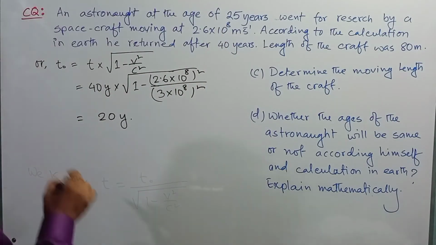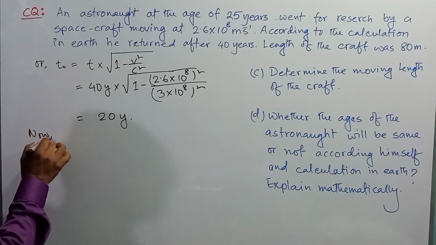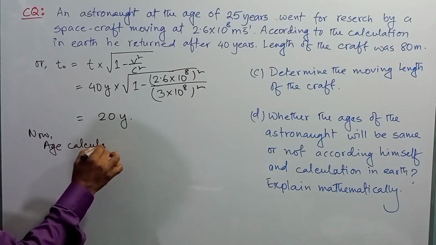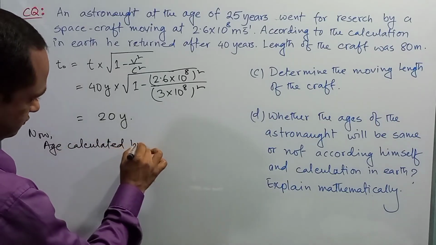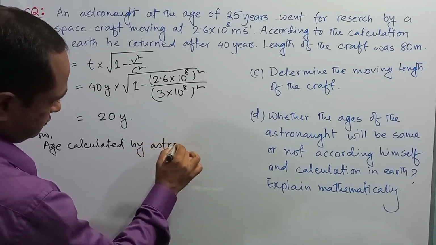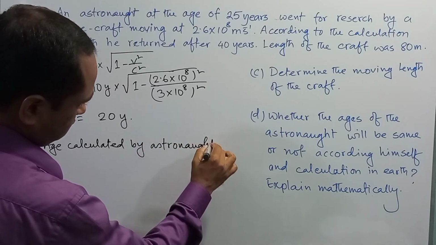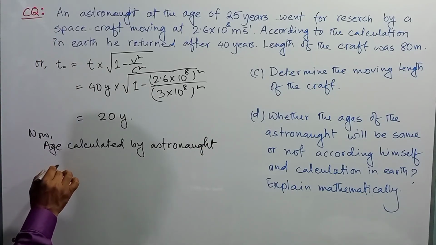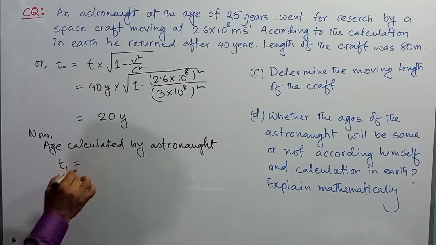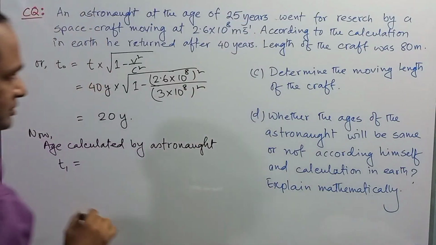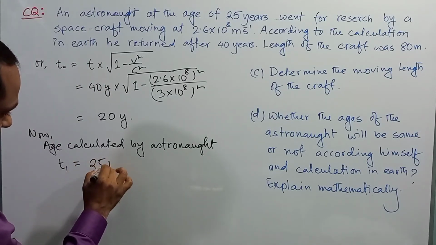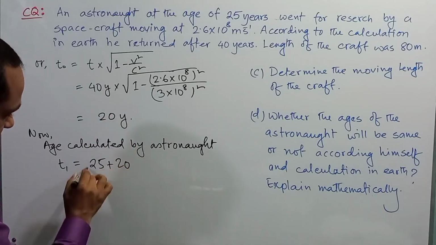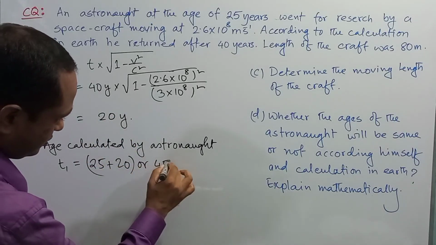Now the age calculated by the astronaut is denoted by T1 is equal to, he started his journey at the age of 25 years. So 25 plus, according to his calculation, his traveling time was 20 years, so 45 years.